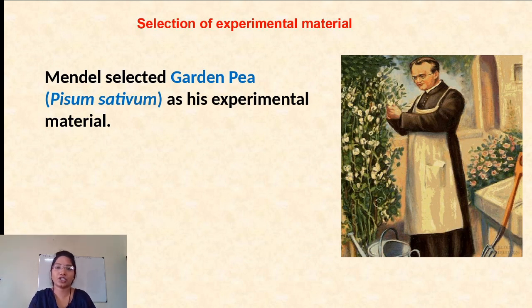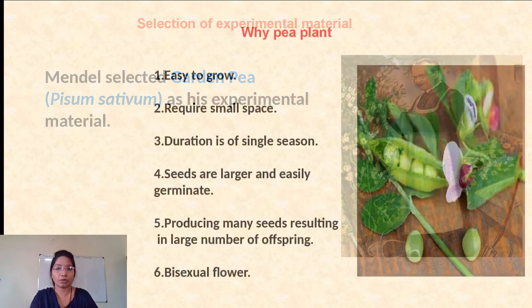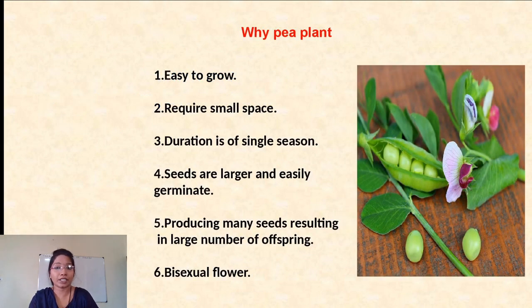First is the selection of experimental material. Mendel selected garden pea plant as his experimental material. The scientific name of garden pea plant is Pisum sativum. The question arises why he selected only pea plant. Behind this, there are a number of reasons.